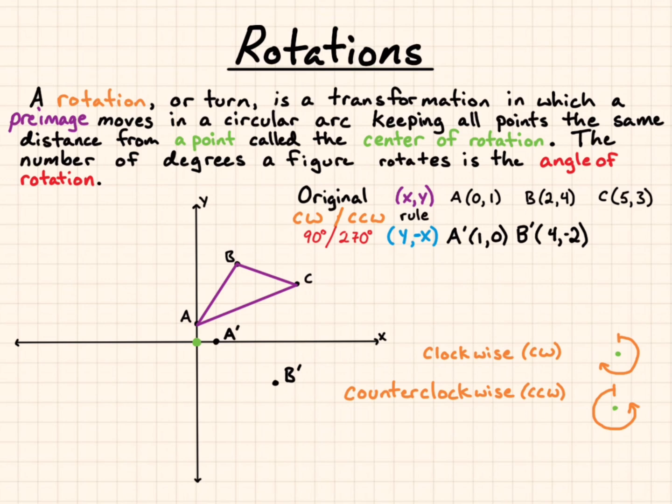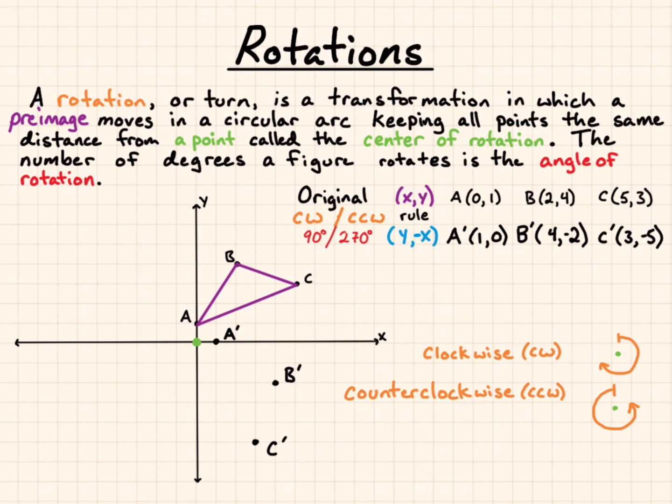Then for point C, we have 5, 3. It should become 3 goes in the x position, and 5 becomes its opposite value in the y position. So I'll have 3 in the x and -5 in the y. And I can see how that's a 90-degree rotation.